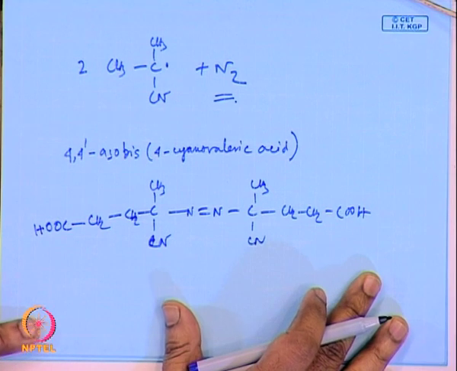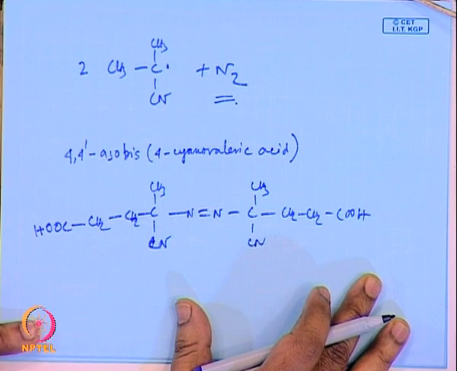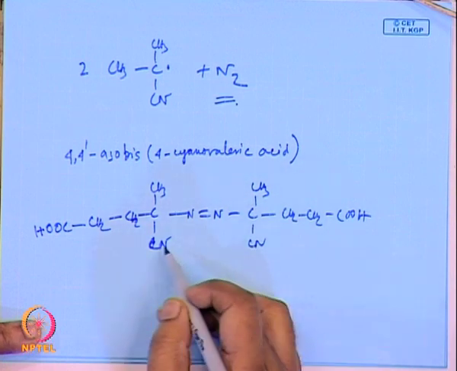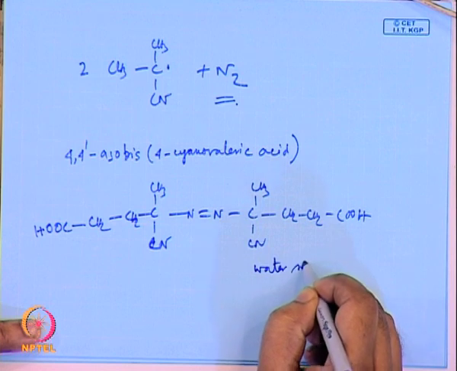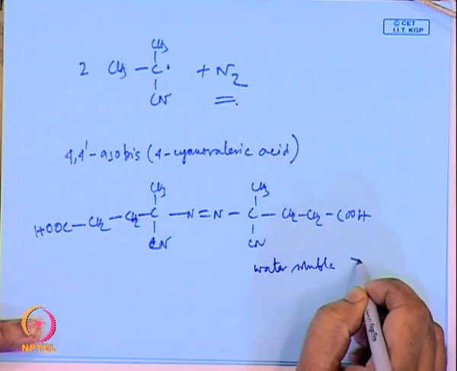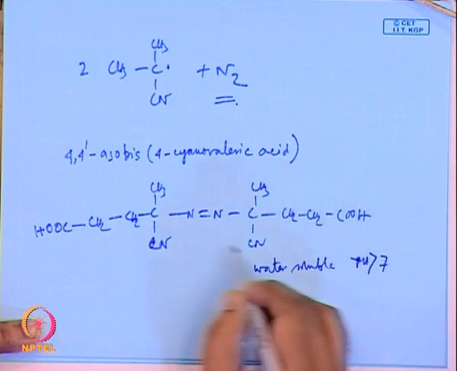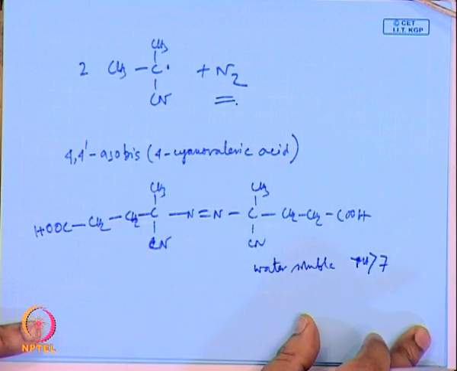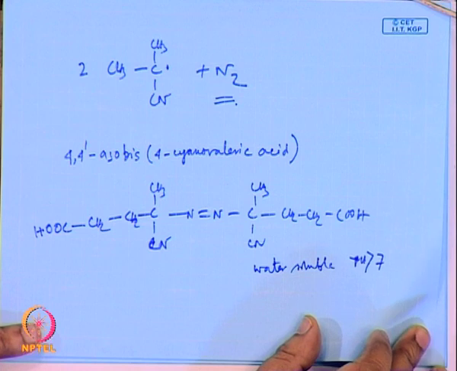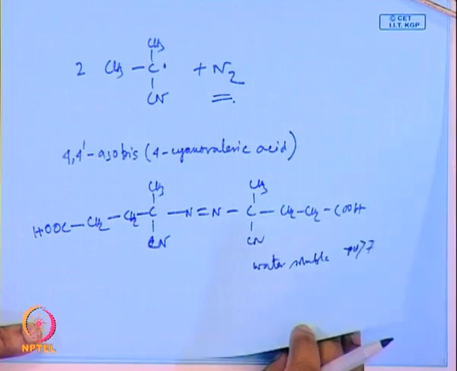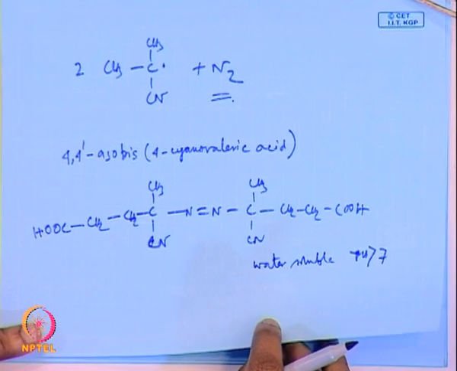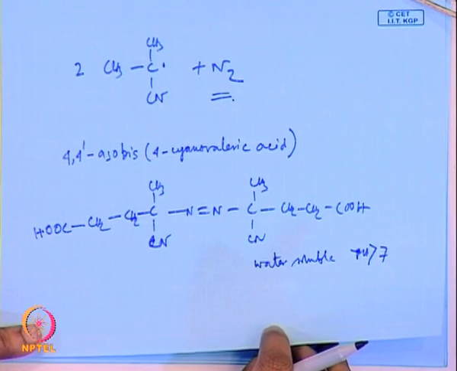These are typical examples of these azo compounds. Now, this compound's specialty is that it is water soluble at pH greater than 7. So, you can use this azo compound in aqueous medium as well for radical polymerization, whereas AIBN can be used in radical polymerization in organic solvents or organic medium.